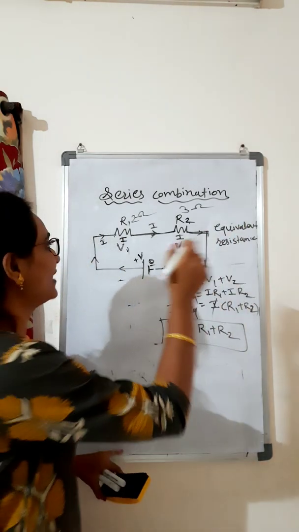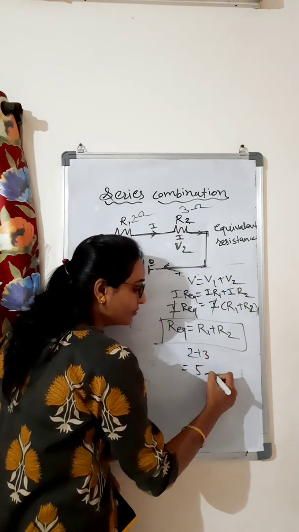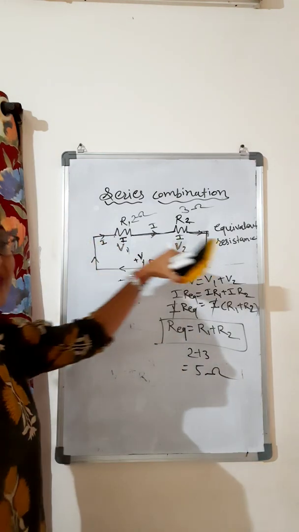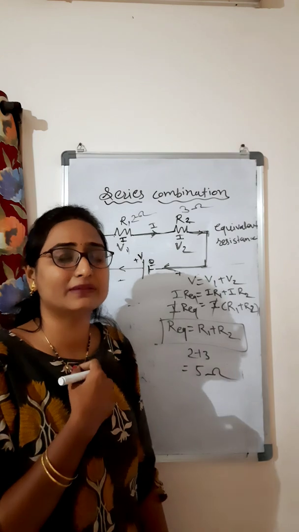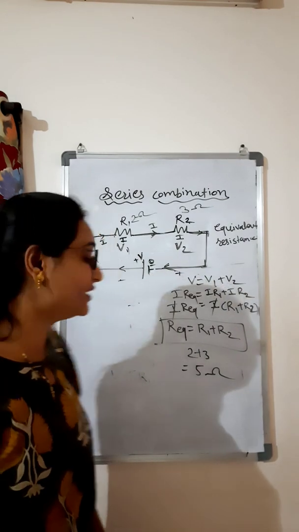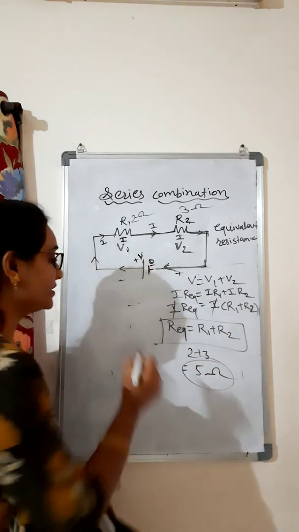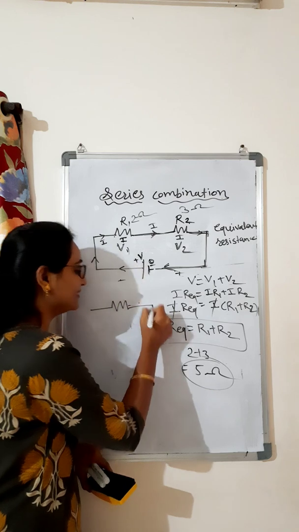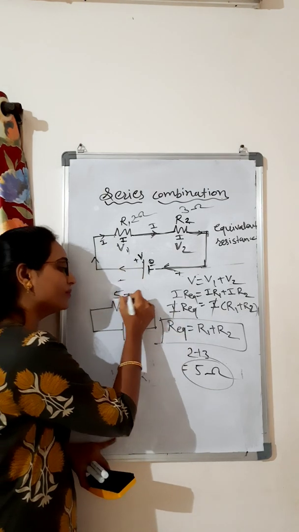I will keep 2 plus 3, that means a 5 ohm resistance. So if I connect only one resistance in this circuit, I have to keep the 5 ohm resistance here.